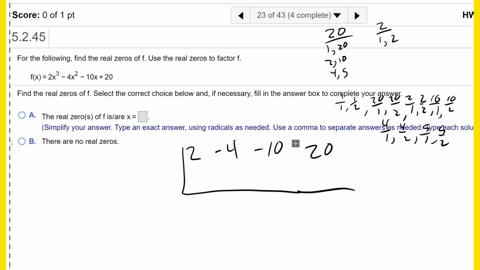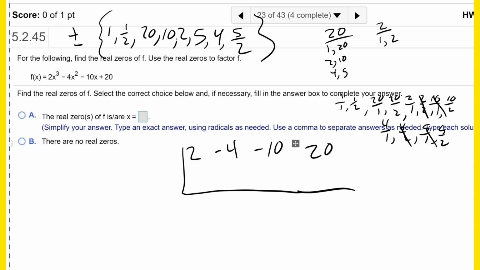Okay, 1, 1/2, 20, 10, 2, 1 again, but that's a repeat. 10 again, that's a repeat. 10 over 2 is 5. 4, 2, 4 over 2 is 2, that's a repeat. 5 over 1 is 5, that's a repeat. And 5 over 2. So there's my possibilities.